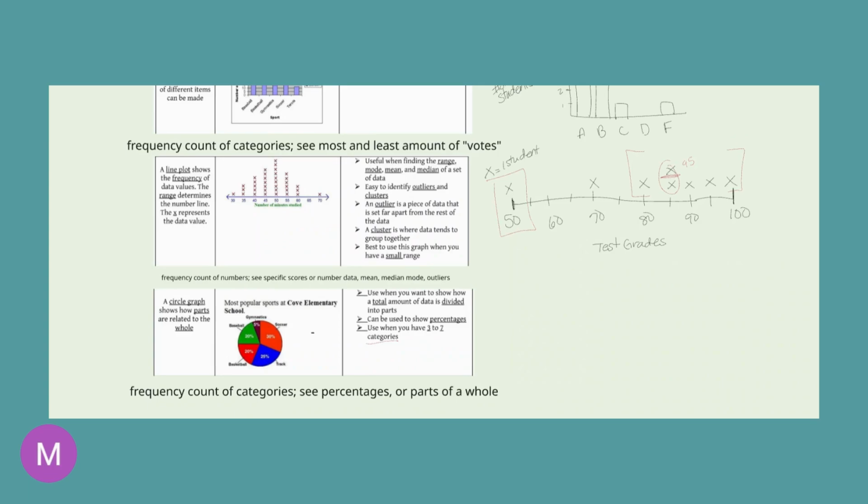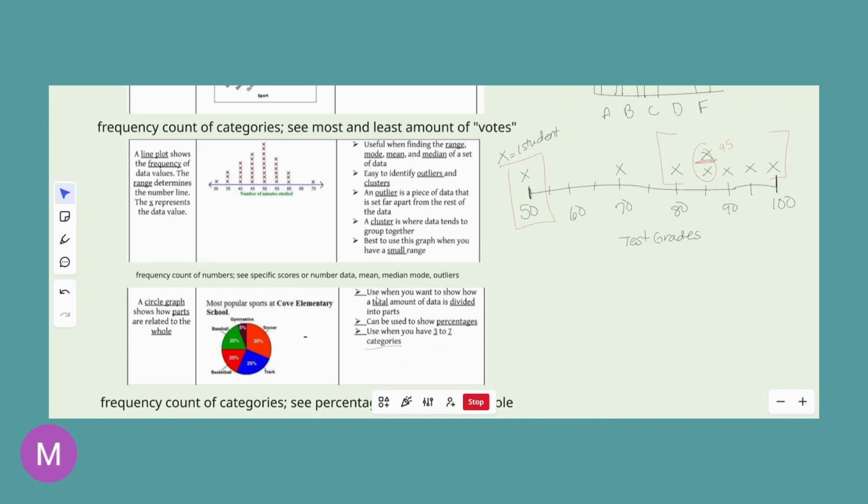Our graph is showing the parts of the student group that we're testing, so the 8th graders here, that got an A or that got a B. So we need to again go back to our category data up there with A's, B's, C's, D's, and F's. We had one F, no D's, 1 C, 3 B's, and 3 A's.